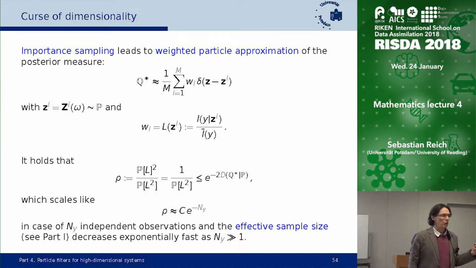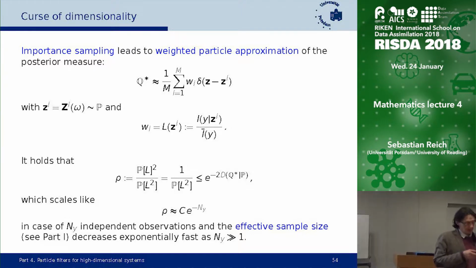And there was this factor rho, which ideally should be 1, but as soon as you have non-uniform weights, it's more than 1. Now we're going to look at how it scales in dimension. There's this estimate on rho connecting it to the Kullback-Leibler divergence, which is a measure of distance.